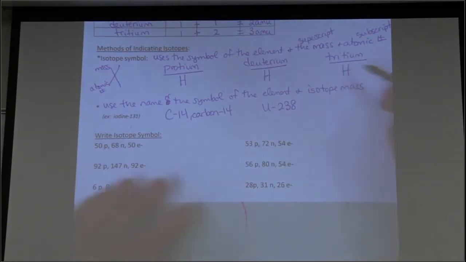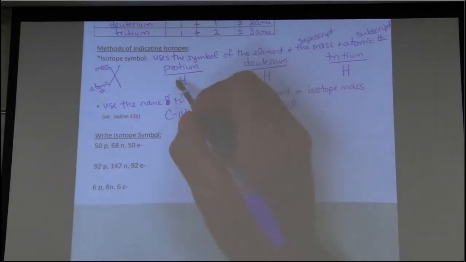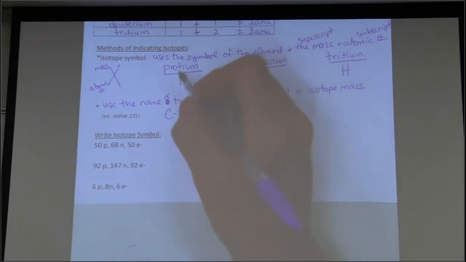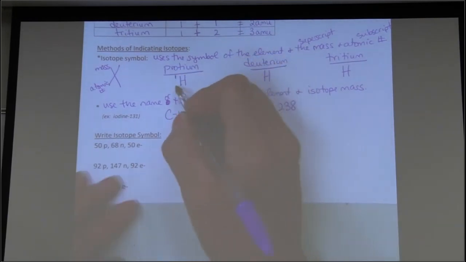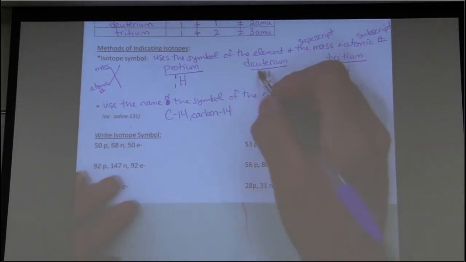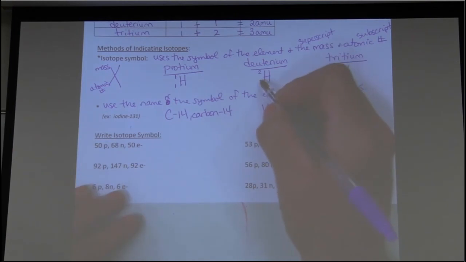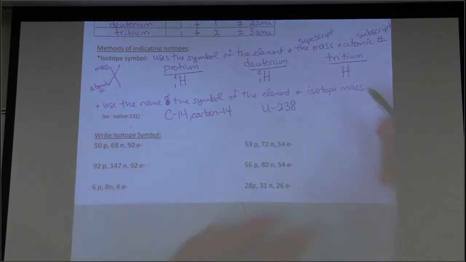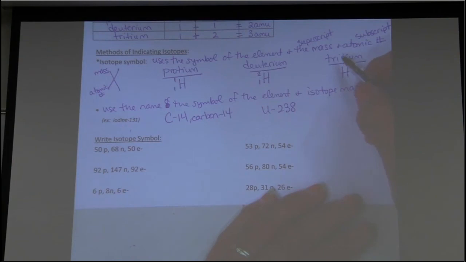All three of these are hydrogen. Now, what is the mass of protium? 1. What's the atomic number? 1. Deuterium, what's the mass? 2. What's the atomic number? 1. Tritium, what's the mass? 3. What's the atomic number? 1. Does that make sense, what we're doing?